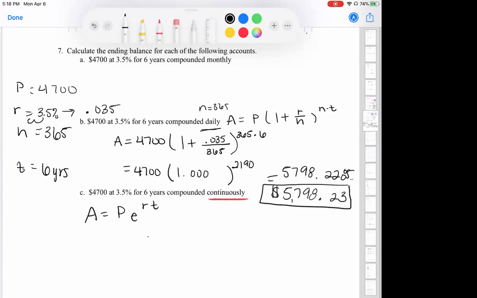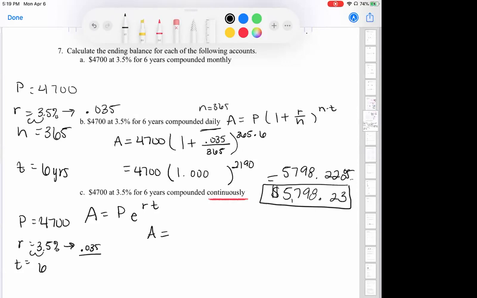All right, so again, we want to figure out our P, R, and T. All right, our principal, our starting amount, is 4,700. Our rate is 3.5%. Remember the decimal over twice. So we're really going to work with 0.035. That's the number we want. And time is in years, 6 years. Let's go ahead and input that.